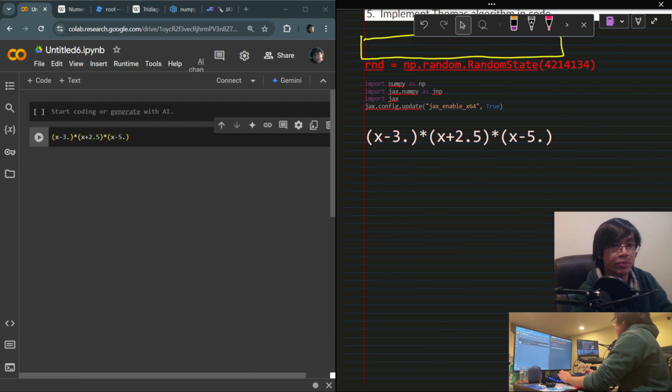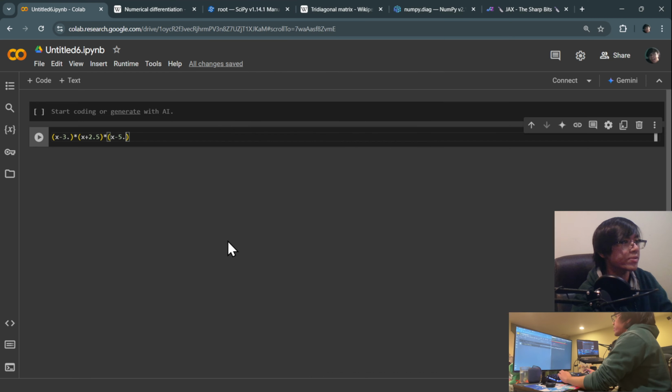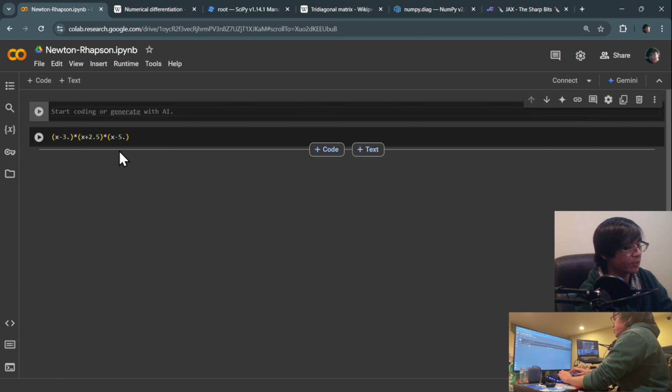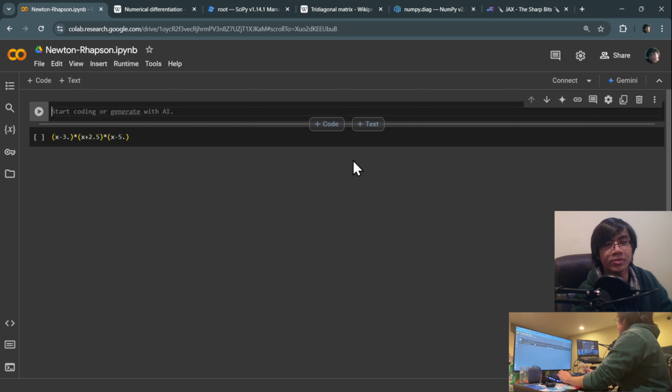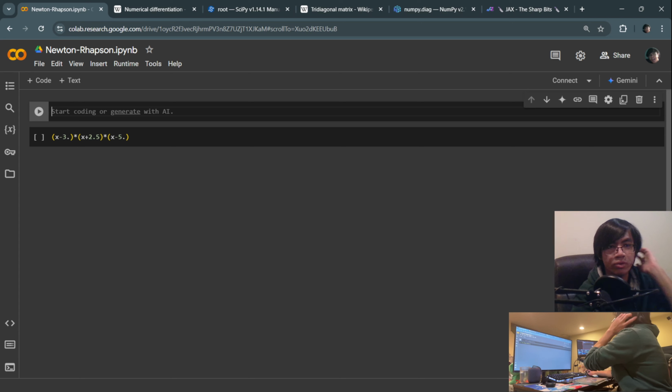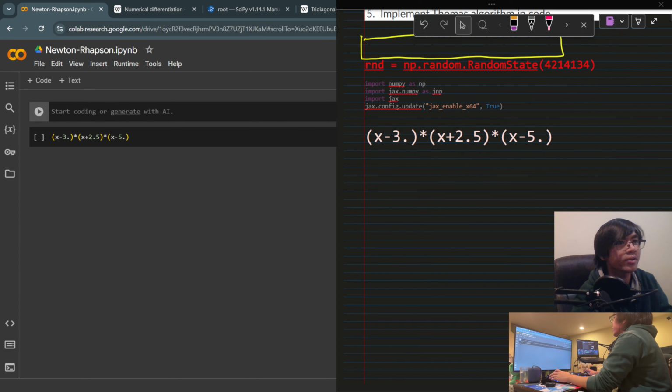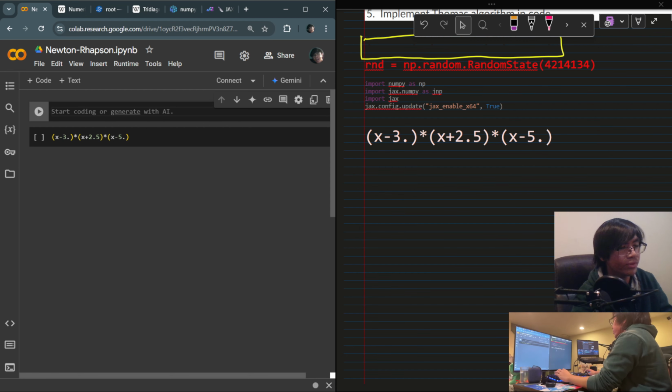That out of the way, go back and full size this. We can call this Newton-Raphson. I don't know if I spell this right. Who knows? We do have to use, so I mentioned the Jacobian, the multidimensional equivalent of a derivative.